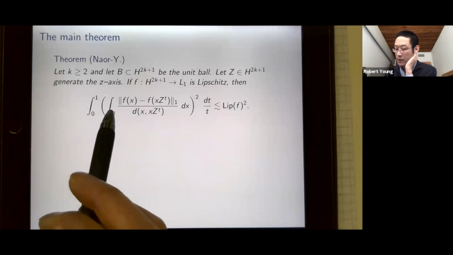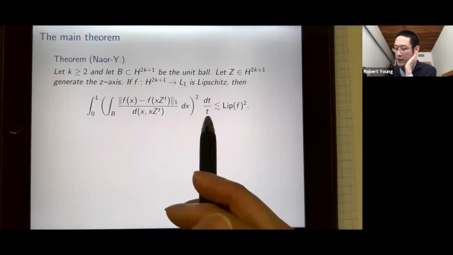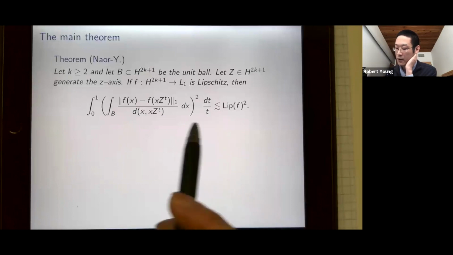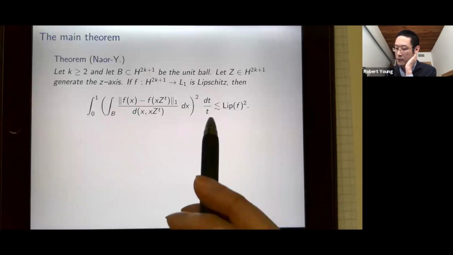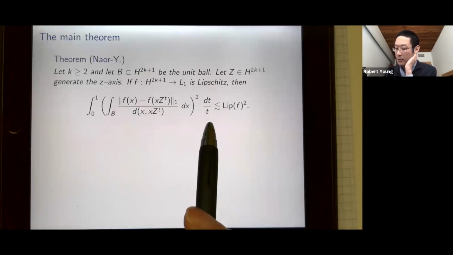So that deals with points that are separated by t vertically. We really want to look at all possible separation distances. So we're going to integrate t from 0 to 1. And we're going to integrate with respect to dt over t because that means that every scale counts roughly equally.